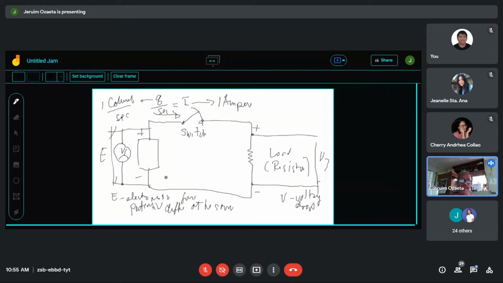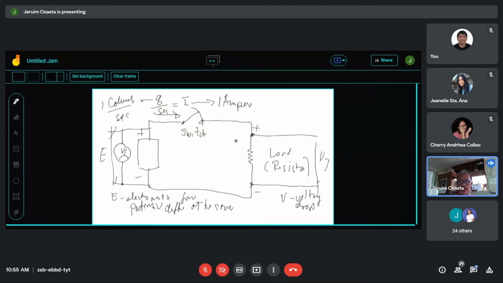Because the charge flows from negative to positive, from low potential to high potential, from the source, and then it goes through the conductor, and reaching the load, it passes through the load, but this time it starts from the high potential of the source and then exits the load at the lower potential.